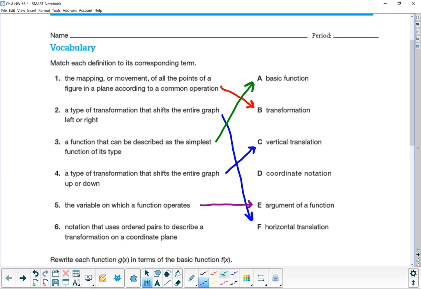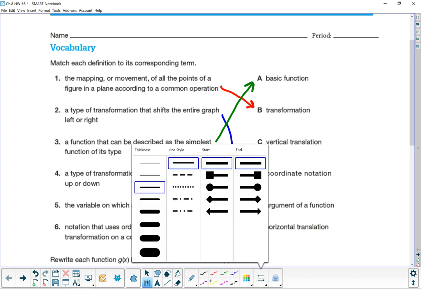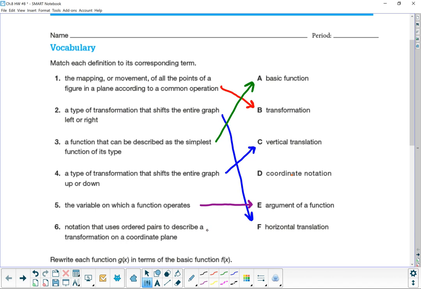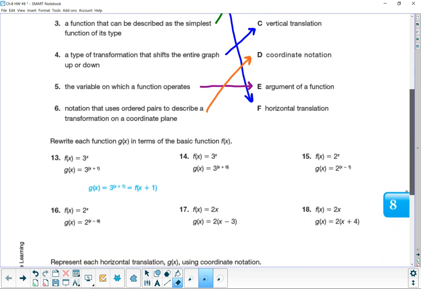You might be able to guess this one. This one is going to be coordinate notation. You can write the letters down next to each number if you want.